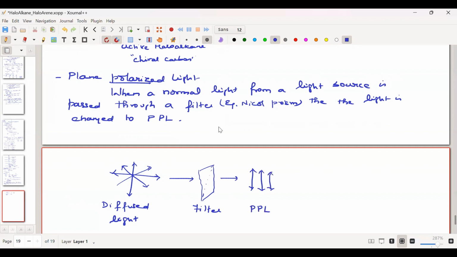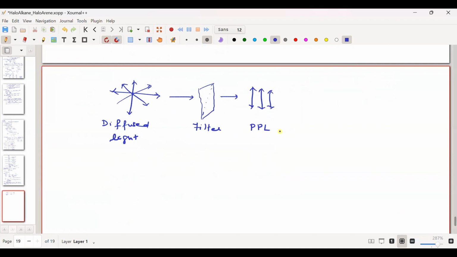Okay. Then the next is optically active substance. They can ask you 1 mark, 2 mark questions on these definitions. Okay. So what is optically active substance?